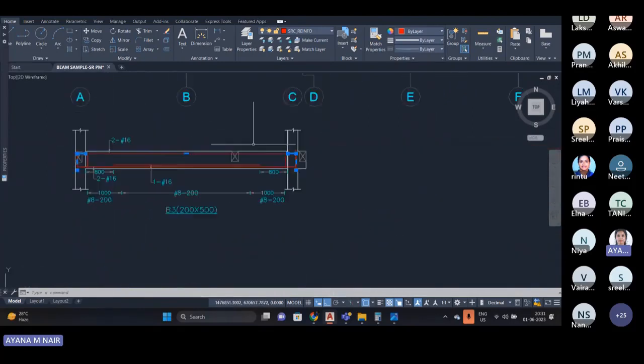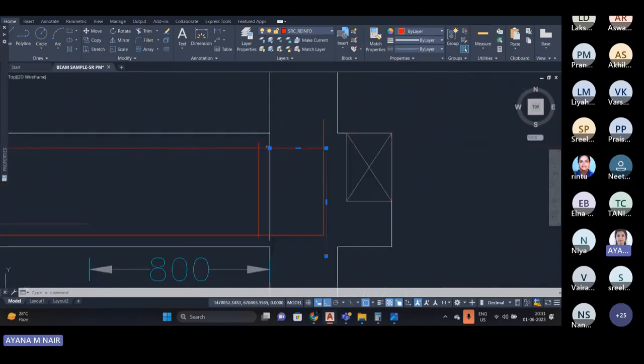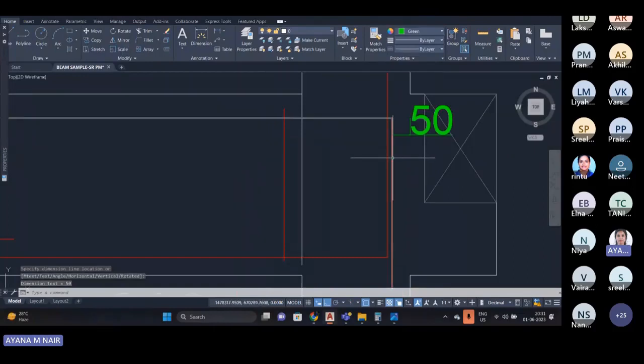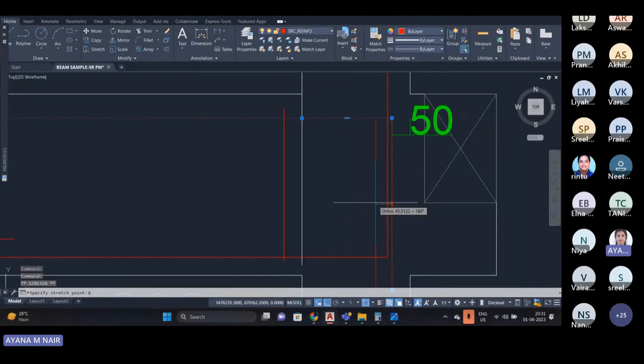Now you have to go for the next side. On this side, similarly, we have to correct this cover. It's also 50. So select this rebar and move this by 8 mm. Now it is changed to 58.